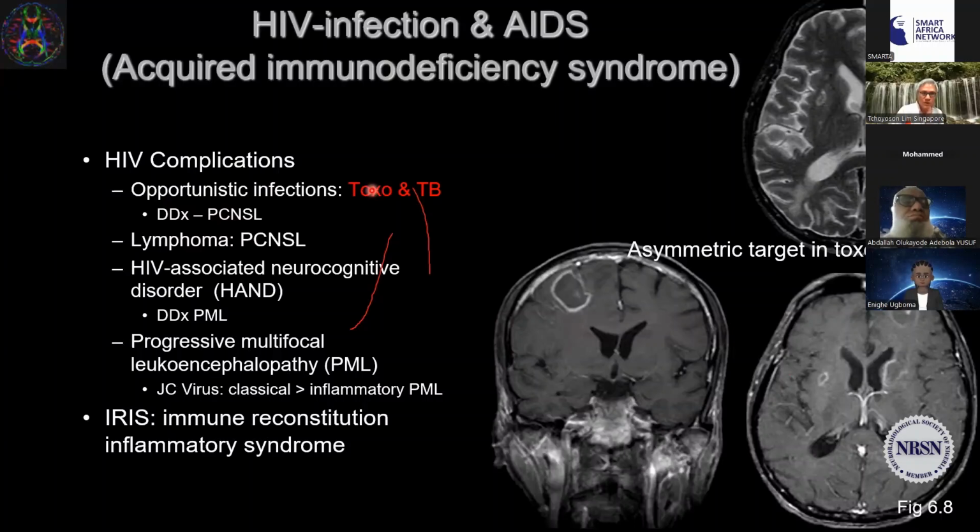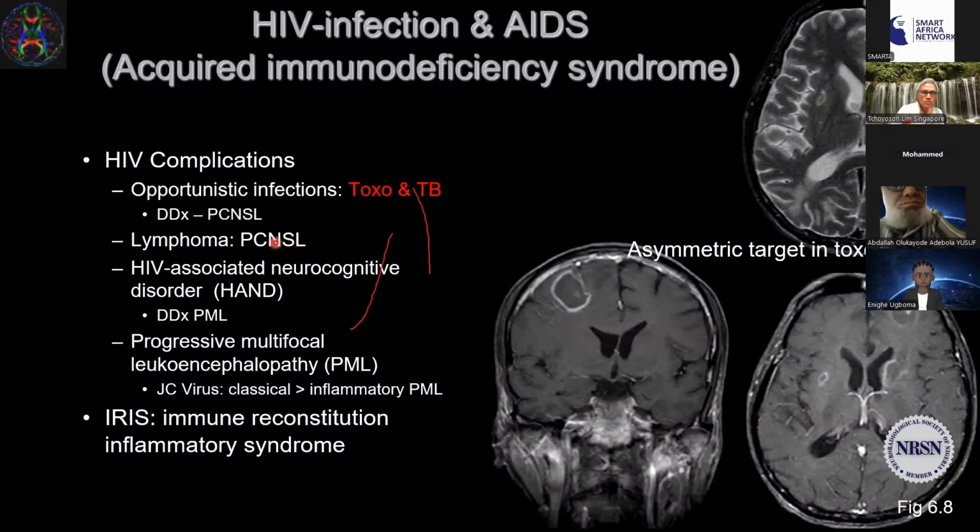And in our population, toxoplasma, bacterial infections, and tuberculosis, particularly multi-drug resistant TB, are important for us to detect and diagnose. The differential diagnosis of an opportunistic infection is primary CNS lymphoma.